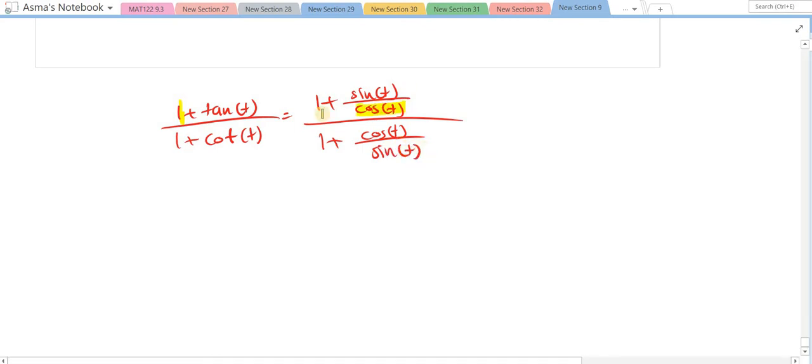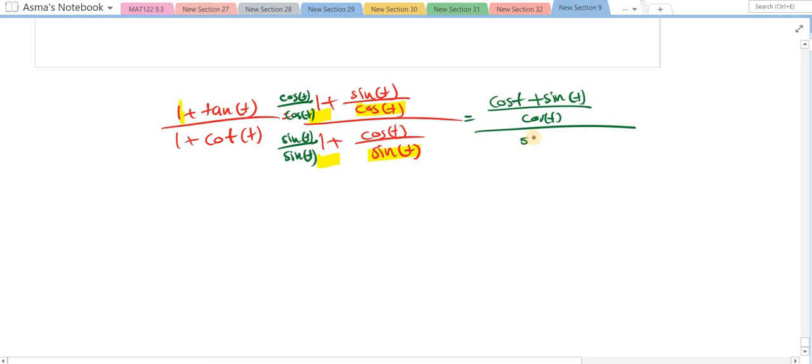Again, I have to have the same denominator, so I can multiply here with cosine t over cosine t. I can multiply here by sine t over sine t. So this becomes cosine t plus sine t, and the numerator is over cosine t.